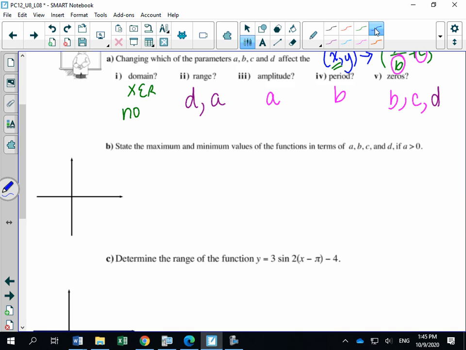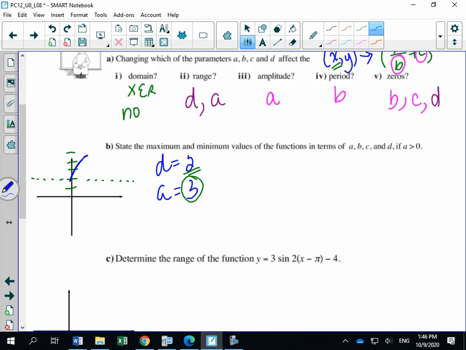I want you to have the midline of the graph be 2, and I want the amplitude to be 3. So just do a quick sketch of this graph. Start with your midline. I want a midline of 2. Then if I said I want an amplitude of 3, that means from 2, 1, 2, 3, my amplitude needs to be 3.